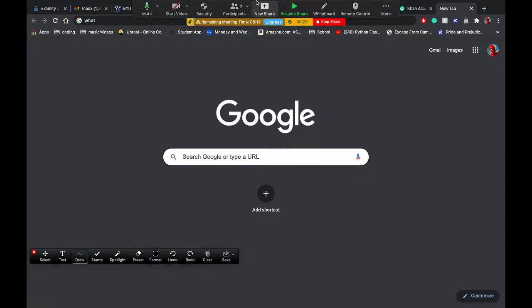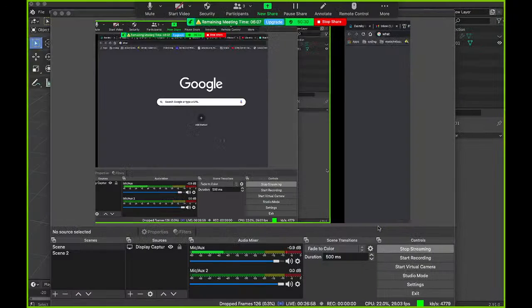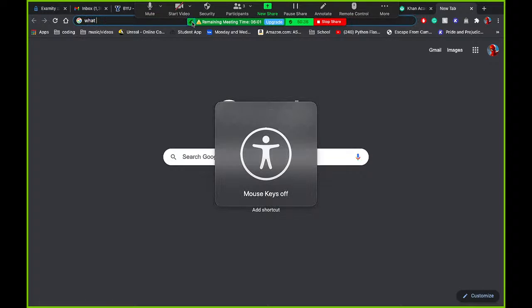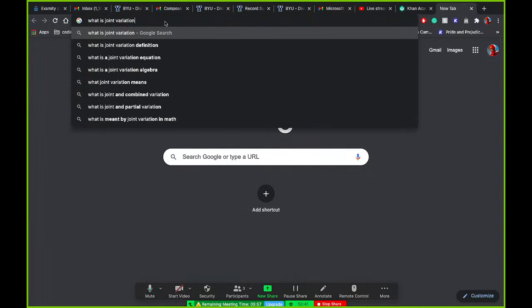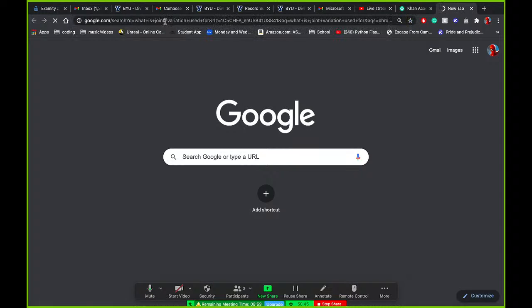Oops. I don't think you can see the screen. Sorry about that. Okay. Joint variation used for. Let's wait for this to load.